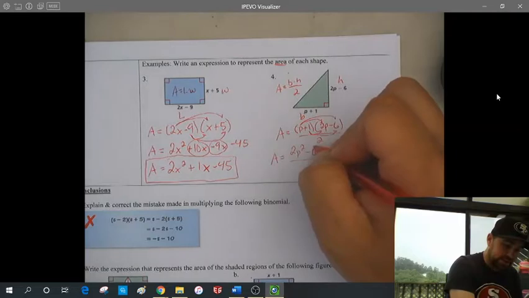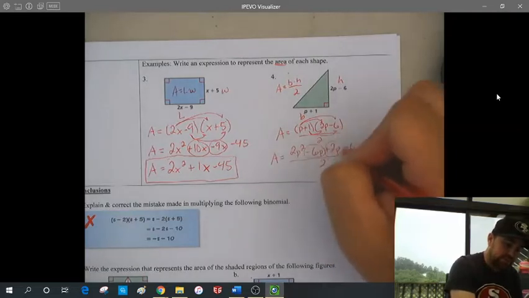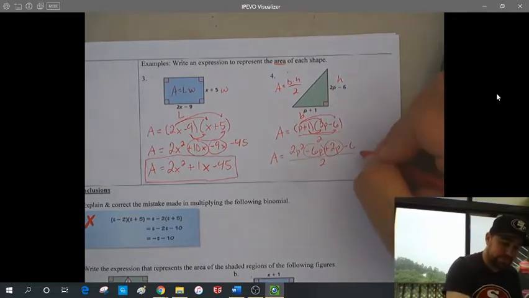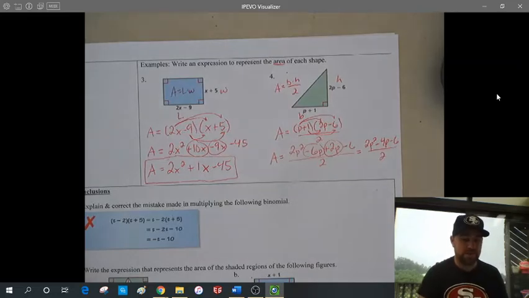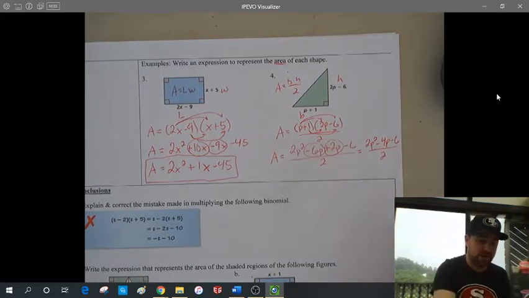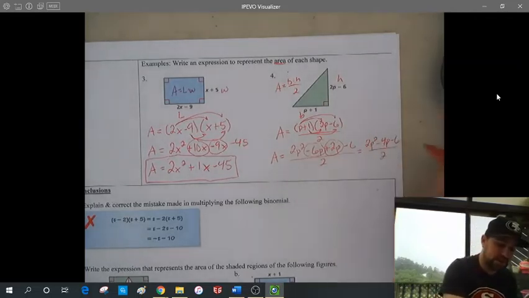I have my like terms here in the middle to combine. So I get 2p squared minus 4p minus 6, all divided by 2. And what I can then do is I can divide each term by 2. So I can cut this whole thing in half. They're all even numbers, so that works out nicely.